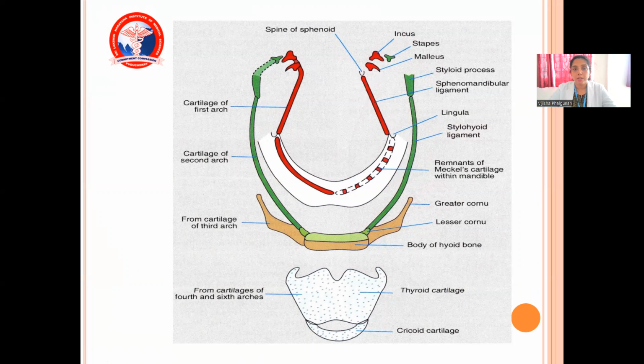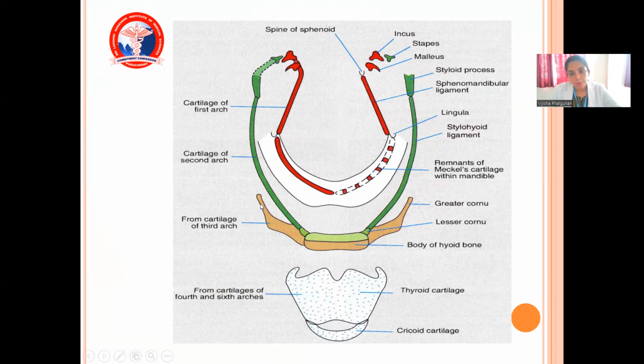Likewise, the green denotes the structures derived from the second pharyngeal arch. What are the structures? You have stapes, styloid process, stylohyoid ligament, then the lesser horn of hyoid bone, and the upper half of the body of hyoid bone. Bilaterally, on both sides, these structures are derived from the respective arches.